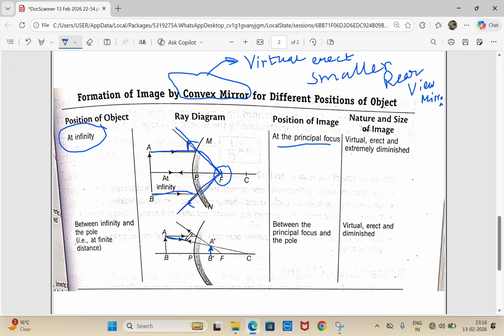According to the ray diagram, you can just draw it like that, reflecting out. Don't try to meet the reflected rays, because for a virtual, erect and diminished image, the reflected rays tend to meet but they don't meet.